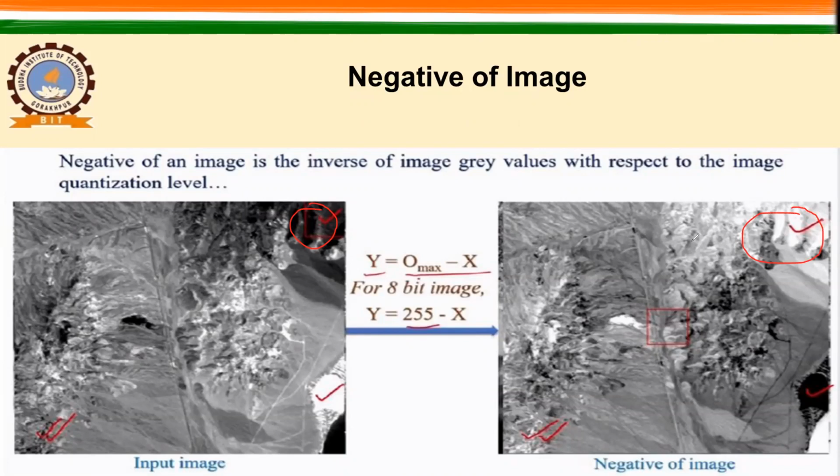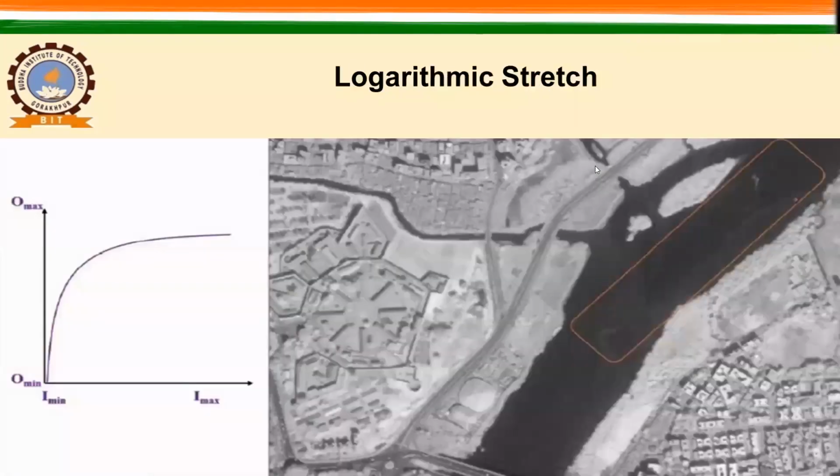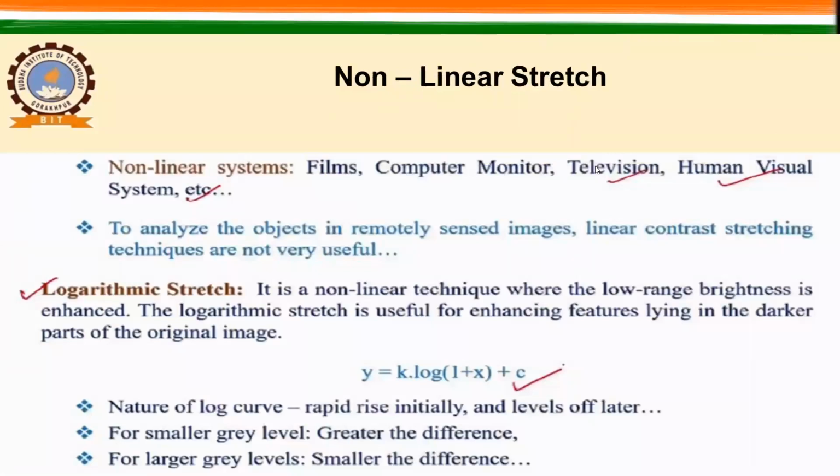These methods are basically linear methods, where we are assuming that contrast and brightness are changing linearly. But in nature we always find that we do not have a linear relationship in the contrast or brightness. So for that we have to study a new concept, which we call non-linear stretch. So what is non-linear stretch?